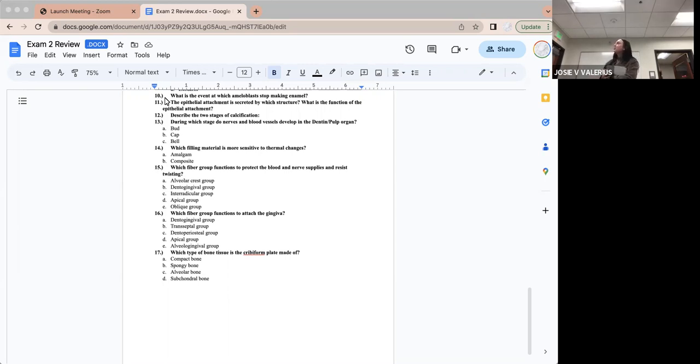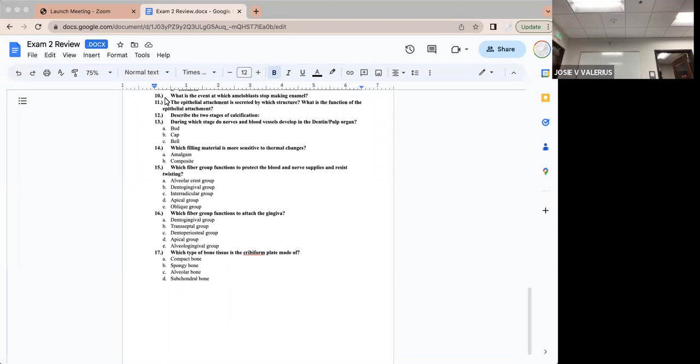Okay, 16: which fiber group functions to attach the gingiva? So it's E. The way that you split up the fibers is bone to bone, which is the root of your tooth to the bone that surrounds your tooth, the maxilla or the mandible, or bone to tissue, so your tooth to the gingiva.